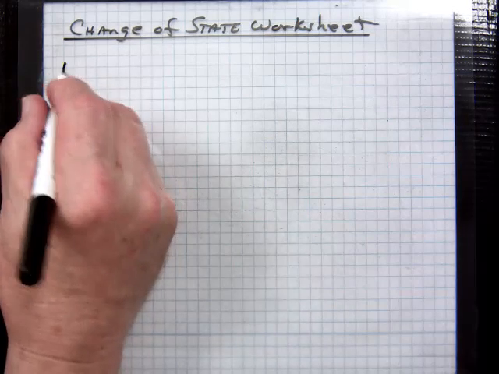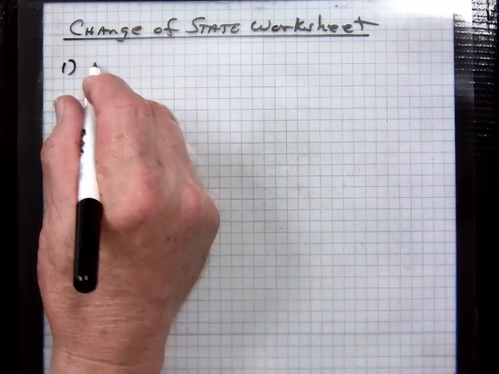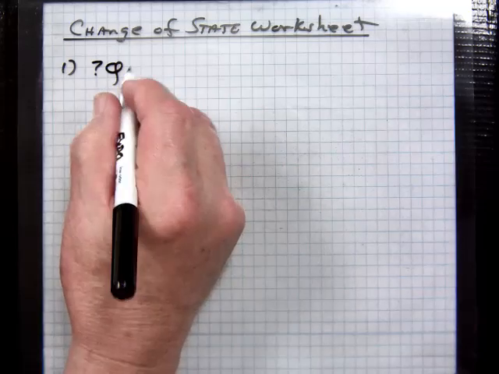In this first example, I got how many joules are required to heat 250 grams of liquid water from 0 to 100 degrees.